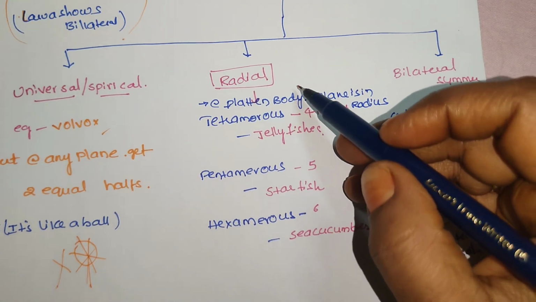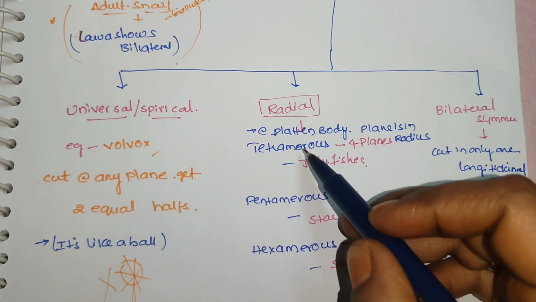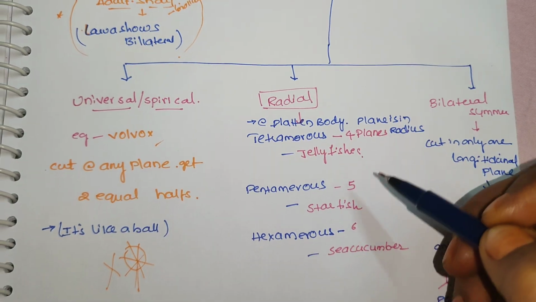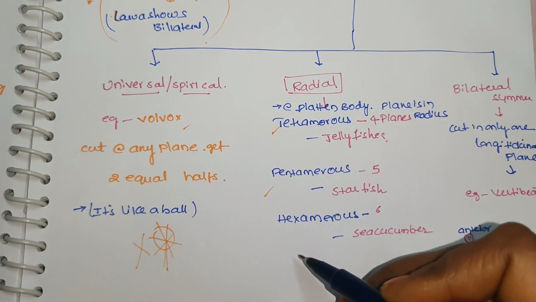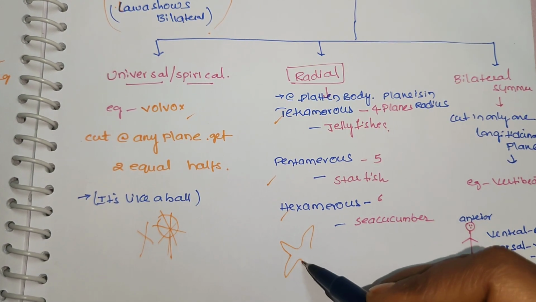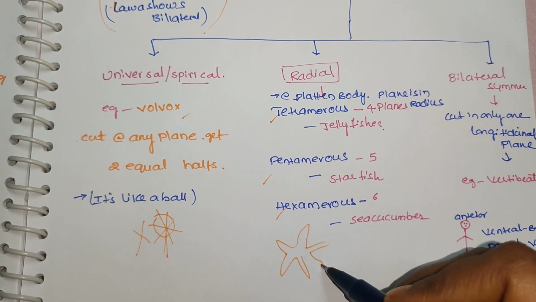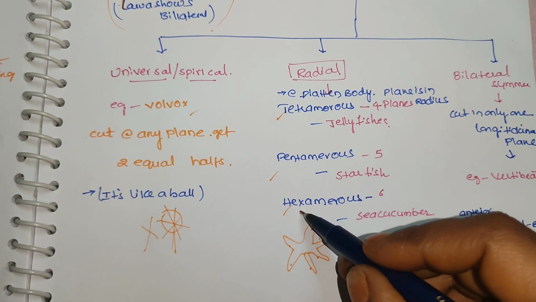Then radial symmetry. Here the pattern of the body plane is, for example, tetramerous, pentamerous, hexamerous. For example a starfish is pentamerous. 1 2 3 4 5 6, hexamerous.